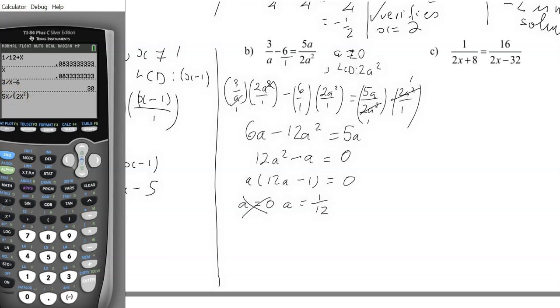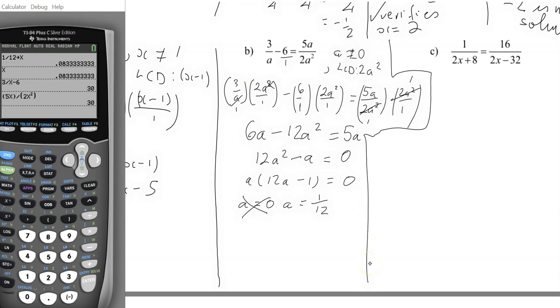Ideally, I probably should have put brackets around the 5x. I might just go back and do that, just to separate them out, right? To say, here's the top, the 5x, and there's the denominator, okay? And then I can hit enter. And we also get 30. So 1/12 verifies as a solution.